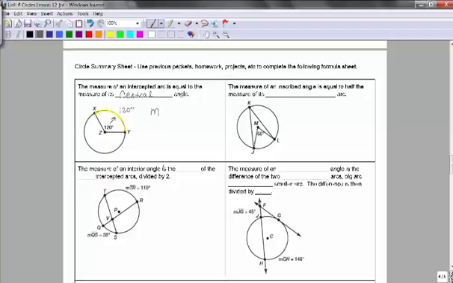So I could say the measure of angle XZY is 120, and the measure of arc XY is also 120. Angle XZY is a central angle. So this is kind of maybe the things that you want to write in this box.